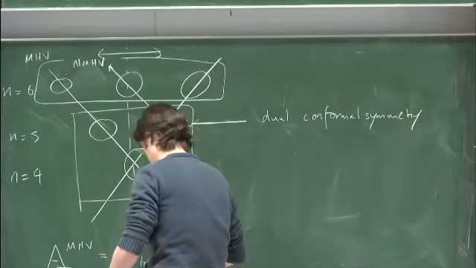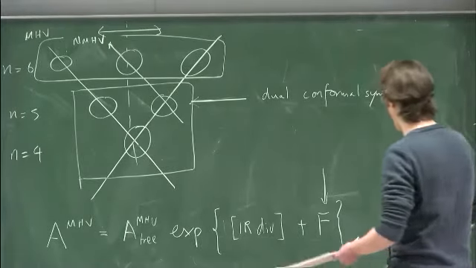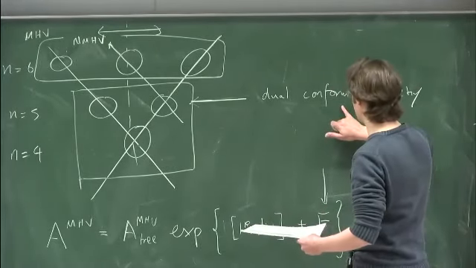So this is the interesting function that we'd like to understand. The IR divergences are somehow canonical and known, and this function is the thing that we'd like to understand, describing the non-trivial dynamics entering these scattering amplitudes. And dual conformal symmetry tells us some constraints on the form of this finite piece.